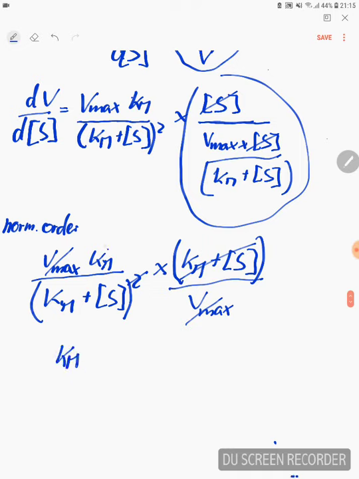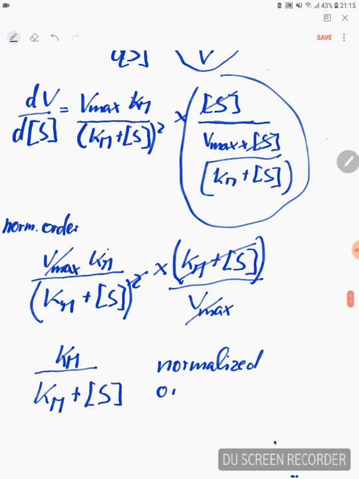What have we got left? We've got the Km divided by Km plus S. So that is the normalized order of a Michaelis-Menten equation.